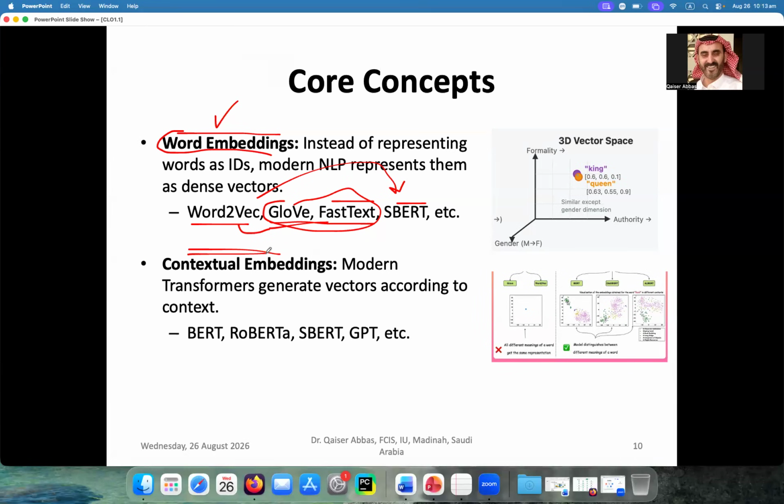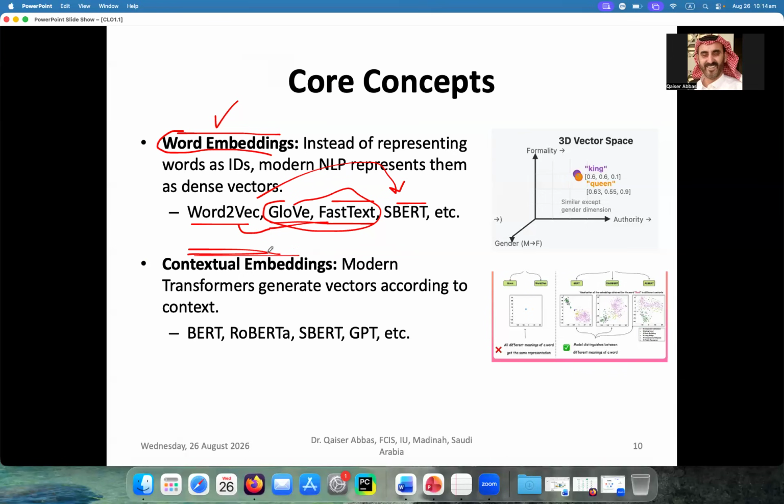That relationship will be calculated in the form of probability values. This word is dependent on that word, for example, 60%. This word is dependent on that word, maybe 0.2%. So you will calculate this contextual dependency between the words in a sentence, and then you will represent it in the form of an embedding vector. But here we are calling it contextual embedding because the focus is more on context relationship.